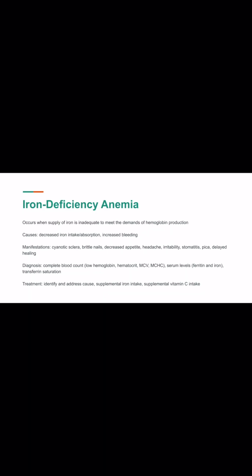Iron deficiency anemia occurs when supply of iron is inadequate to meet the demands of hemoglobin production. This is caused by decreased iron intake and absorption and increased bleeding. It's manifested as cyanotic sclera, brittle nails, decreased appetite, headache, irritability, stomatitis, pica, and delayed healing.